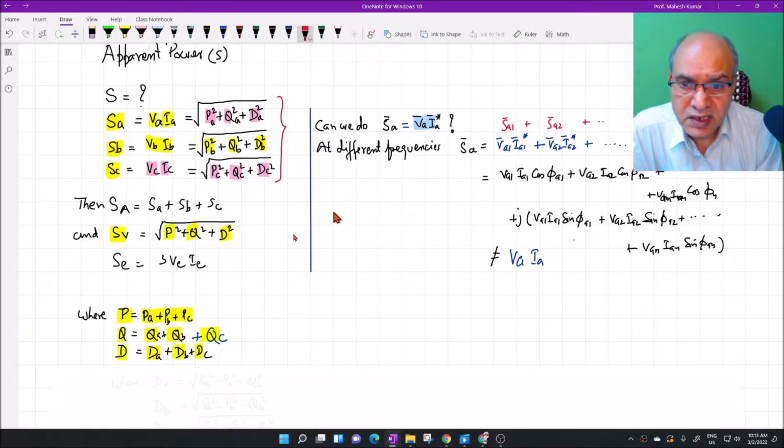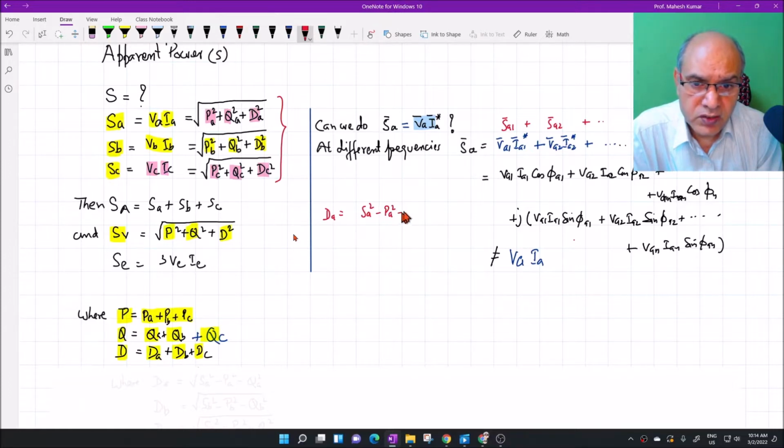So actually, DA will be nothing but SA square minus PA square minus QA square. And SA and PA and QA are known to us. So we can find out DA and DB and DC.